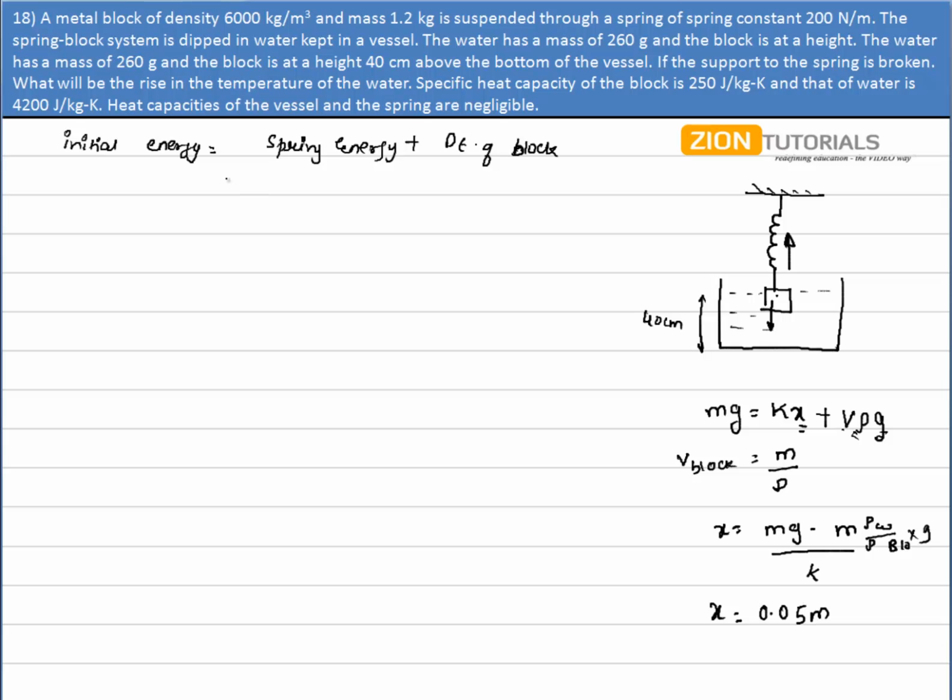Alright, I have the value of x now. So the spring energy is given by half kx square plus potential energy of the block, that is m g h, that is 0.4. So substituting the value, I have half of 200 into 0.05 whole square plus 1.2 into 9.8 into 0.4.